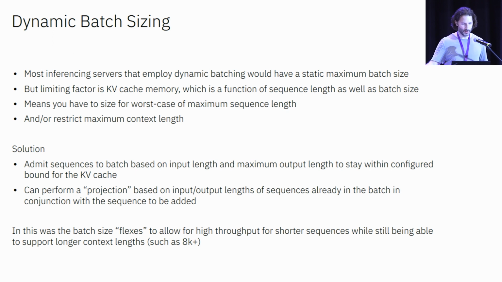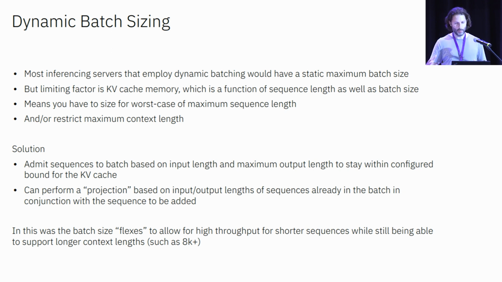So one of the things we did next was to introduce dynamic batch sizing, which decides whether or not to add sequences into the batch based on how many input tokens they have and how many output tokens they're predicted to produce. And so we can figure out, if we add this, would we exceed the size of the KV cache as the sequence is generated? And if not, then we can add it in. Otherwise, it stays in the queue.